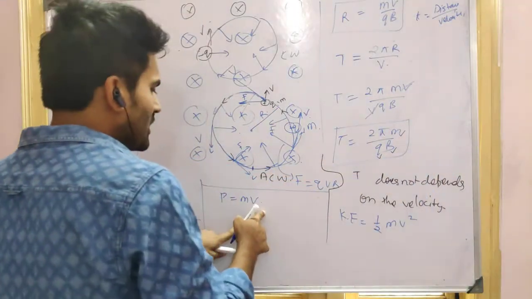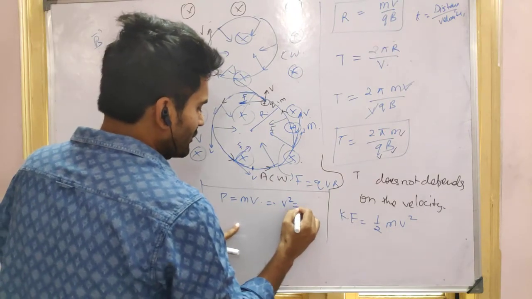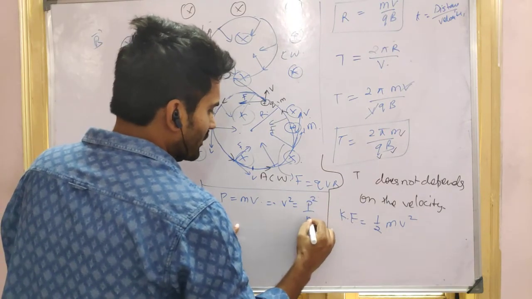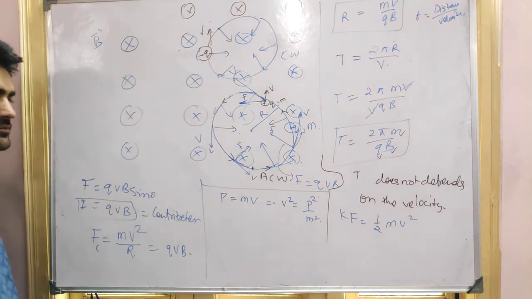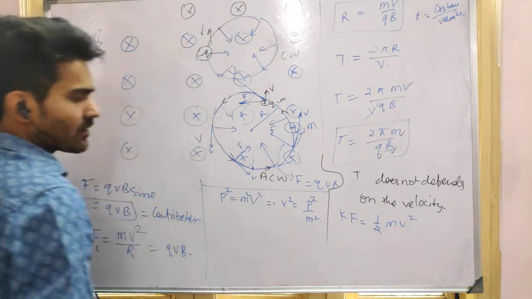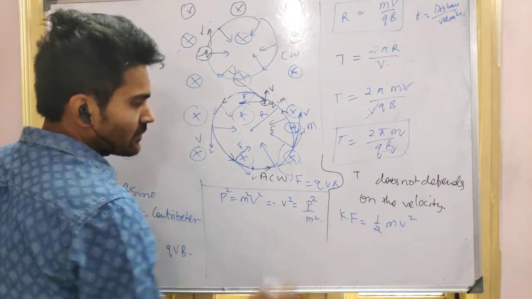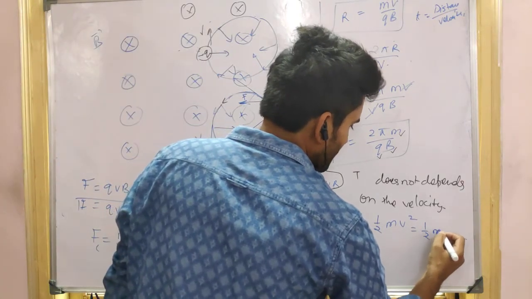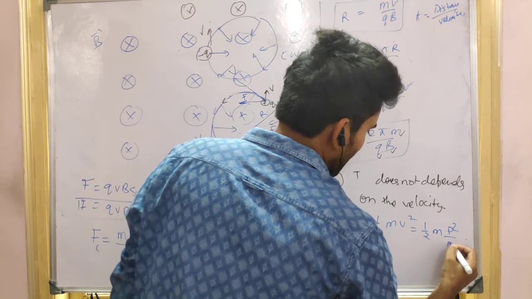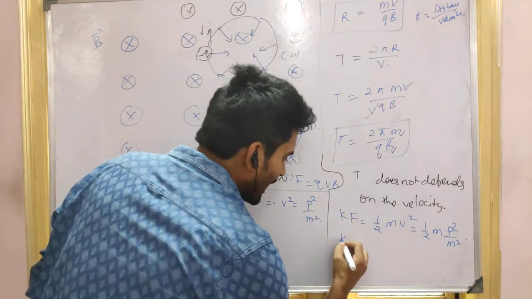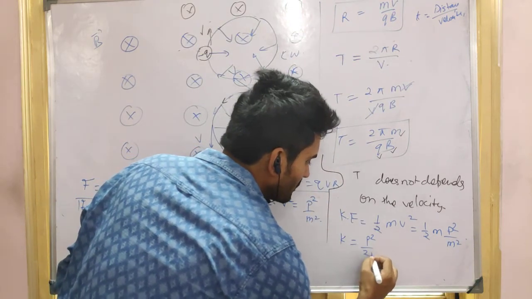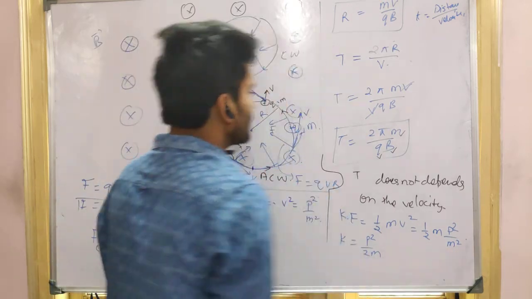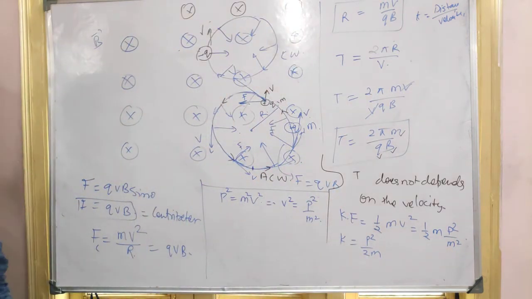Can I say from here that v square is equal to P square by m square? See, P square, m square, v square. So keep this value here. So can I say kinetic energy is P square by 2m? m and m will be cancelled. Yes or no, guys?